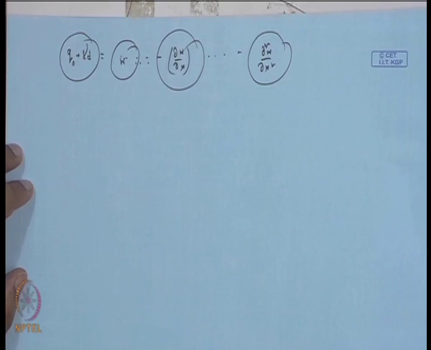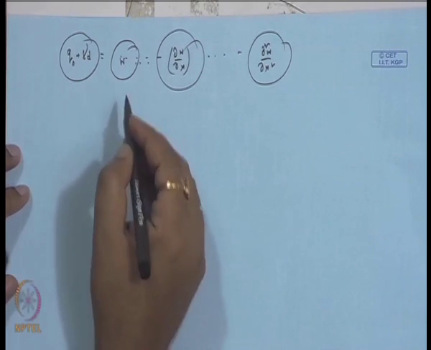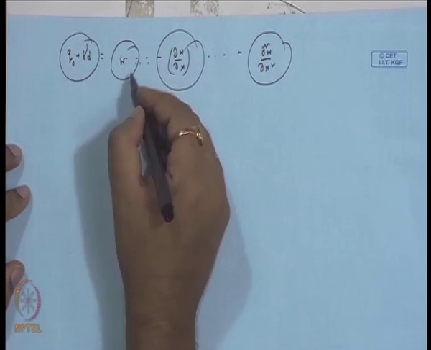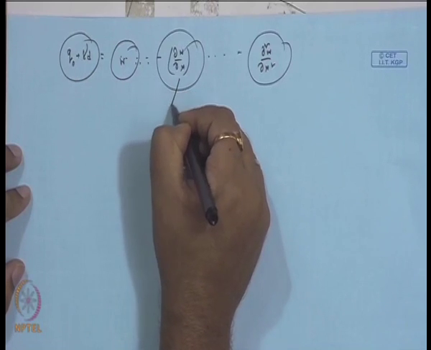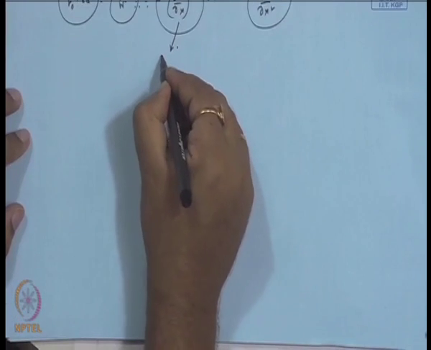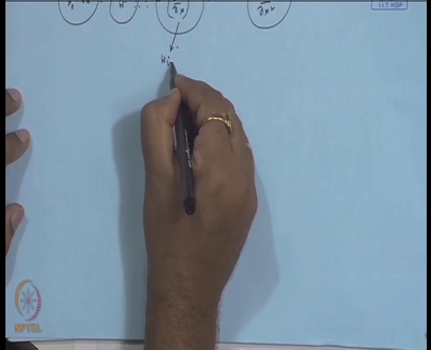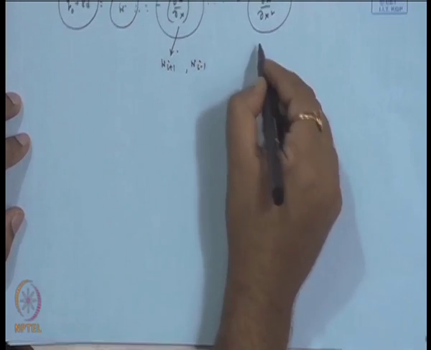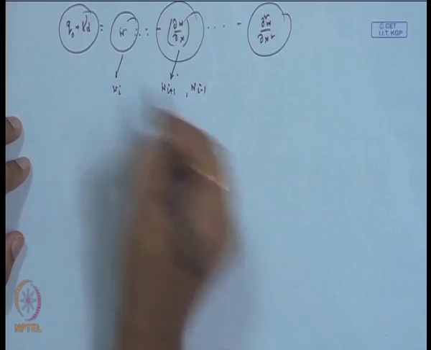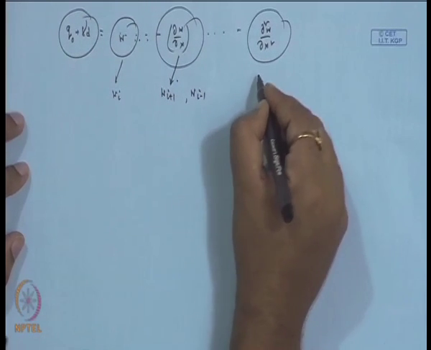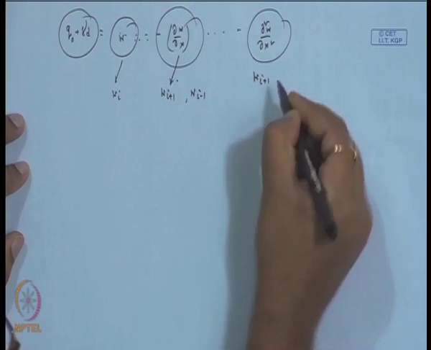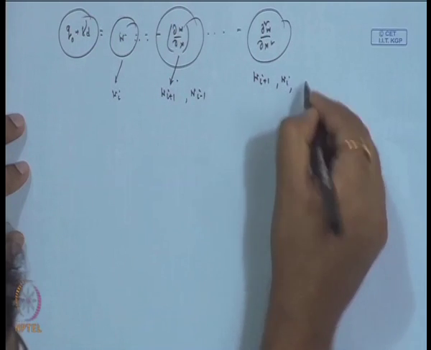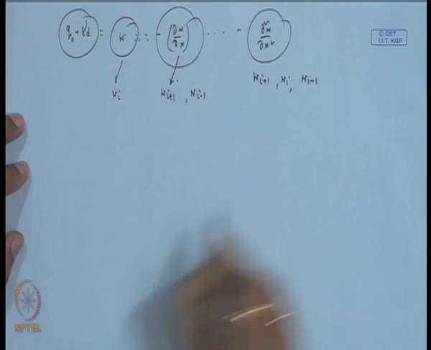So, what will we do? Now we will express it in terms of w i plus 1 and w i minus 1. This one also, this is w i. So this one also we will express as w i plus 1, w i and w i minus 1.